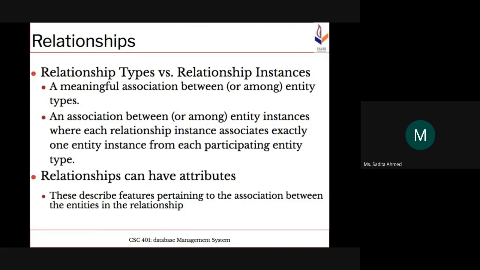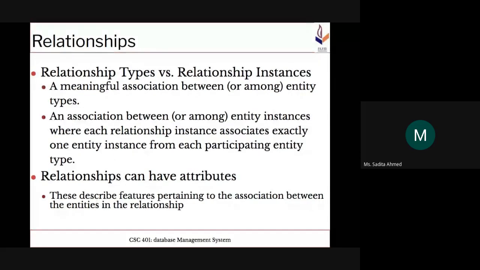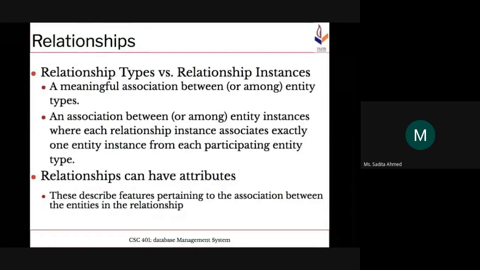But the moment we talk about the relationship between the instances of the entities, the student and course entities, if I take an instance of the student entity and an instance of the course entity, for example, if I say that Shaba is registered in CC303 in this semester, autumn 2021, in section 4, and so on, the moment I mention the student's instance, Shaba, and the course's instance, CC303, it becomes a relationship instance, right?